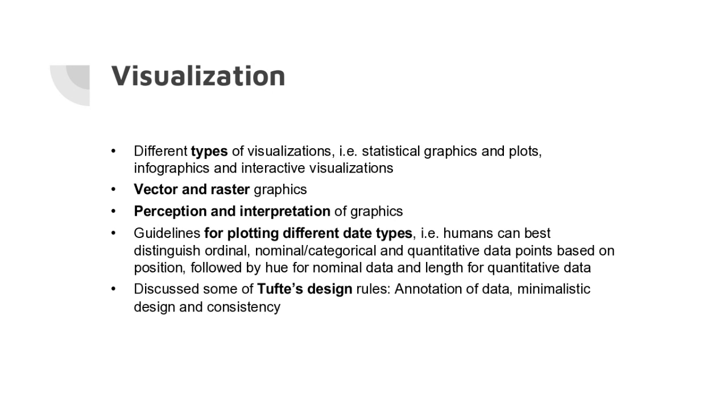Then we talked about vector and raster graphics. With raster graphics, the image is represented by a matrix of pixels, and in vector graphics, you represent the image as a collection of basic shapes, so circles and lines.